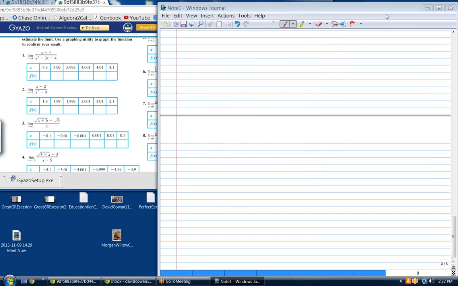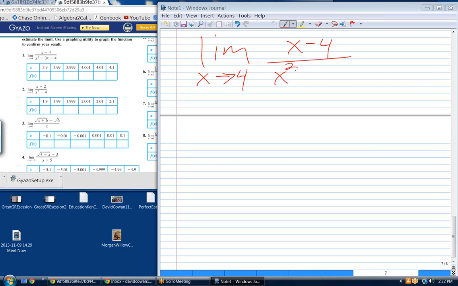Okay, limits. We want the limit as x goes to 4 of x minus 4 over x squared minus 3x minus 4. Well, what's the first thing you do when you try to evaluate a limit? Take the derivative of it?